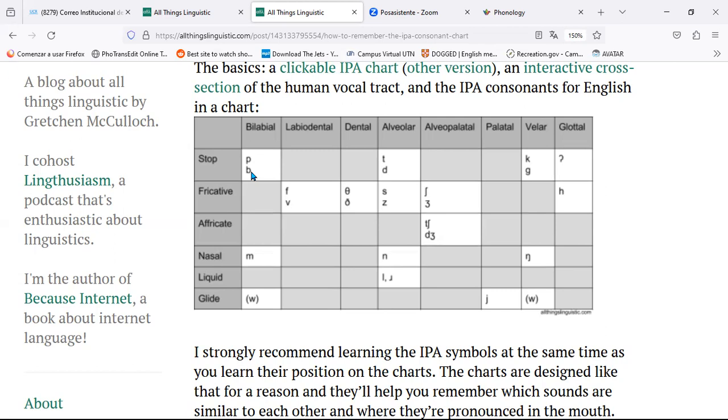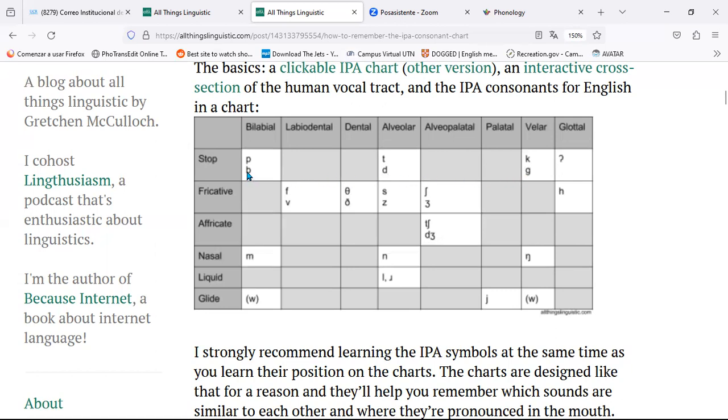Our vocal cords are in our throat and we can feel them. That vibration is made when the air comes out of our lungs and passes through the vocal cords, and they vibrate. In this chart, they vibrate in the one that is lower, for example, with the B, the D, and the G.